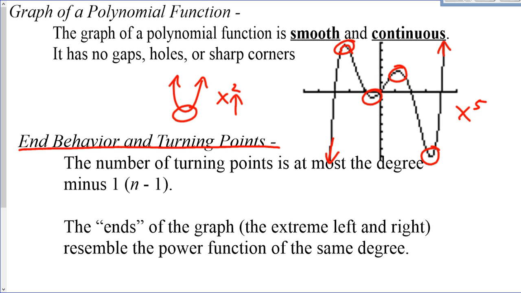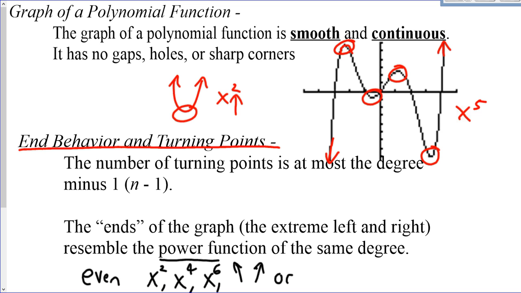Okay. The ends of the graph, the extreme left and right, resemble the power function of the same degree. Power function is just ignoring every n minus 1, n minus 2. You're only looking at your highest degree term. So with the highest degree, there's some things to remember. If it is even, so that's something like x squared, x to the 4th, x to the 6th, and so forth, if those are the power functions, they are going to start high, end high.